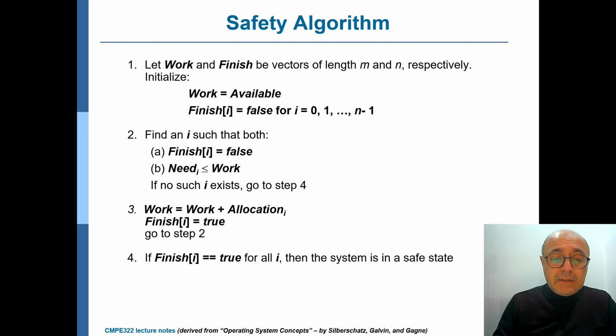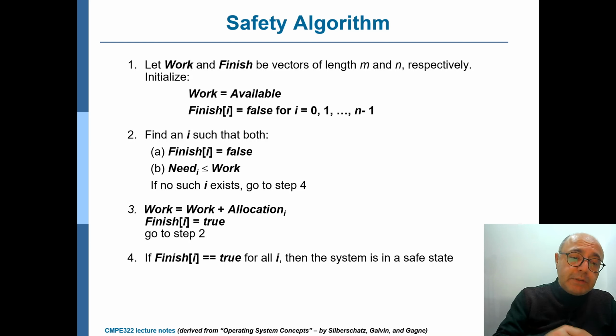So mark that process as true because we can complete it. And also don't forget to add the resources allocated to that process, which is allocation sub i, into the work vector, which is the vector of available resources. That's what we do in step 3.